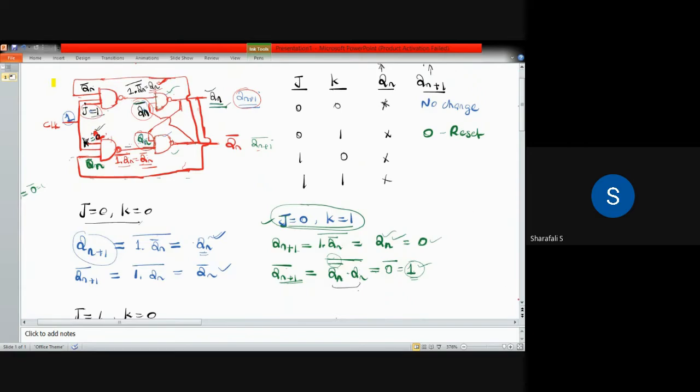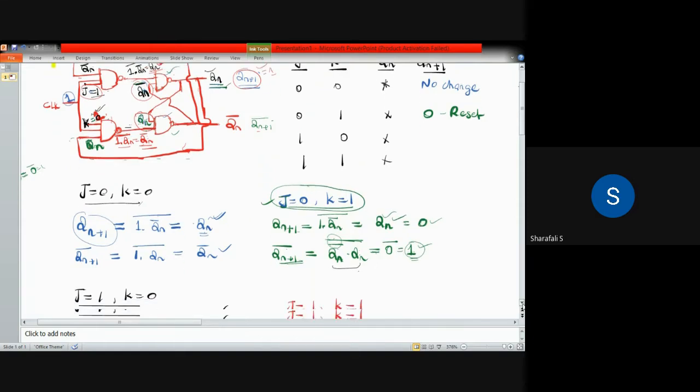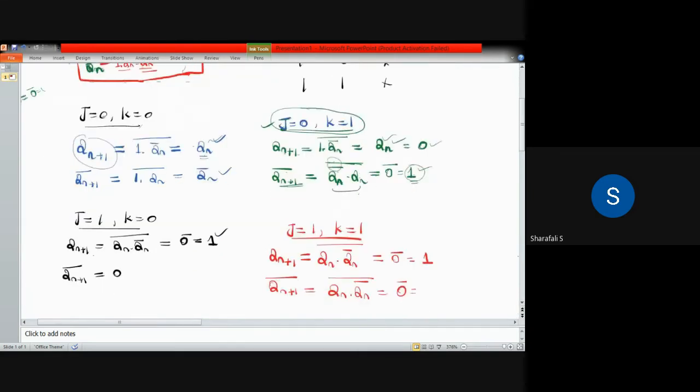We have to consider, since we are having 1 here as Qn, now your Qn is 1. So if you take 1 here, then we have Qn bar here. So Qn bar into 1 will come, and 1 dot Qn bar will be coming here.